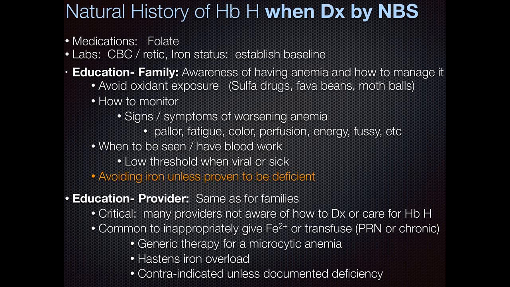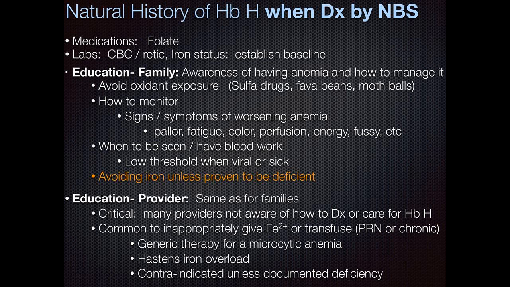The biggest part is family education. It's awareness that the child has anemia and how to manage it. How to avoid oxidant exposures like sulfa drugs, fava beans, mothballs. How to monitor it, which is mostly looking for the signs and symptoms of worsening anemia, such as being pale, having fatigue, change in their color, decreased perfusion, capillary refill, less energy, just being more fussy.